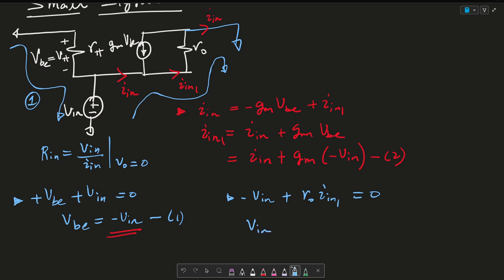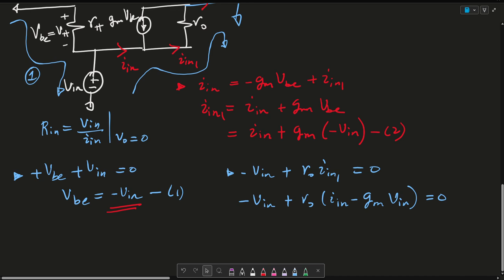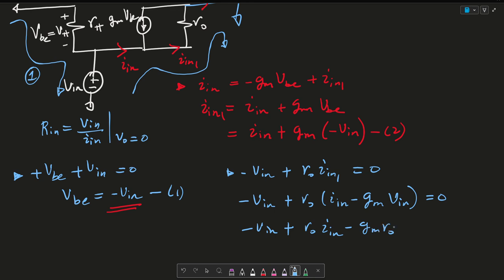Well, actually, let me plug things in first. So minus Vin plus RO Iin1, where Iin1 is Iin plus, or better say minus gm Vin, is equal to 0. Let me go ahead and distribute RO. So this is minus Vin plus RO Iin minus gm RO Vin has to equate to 0.